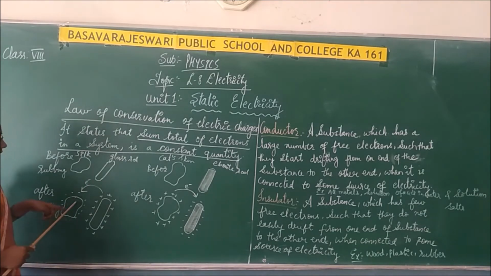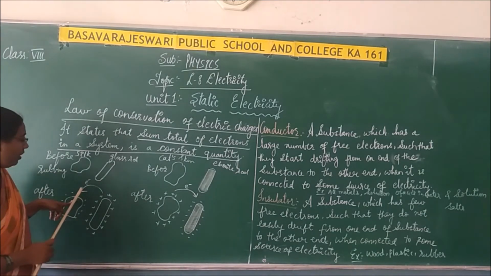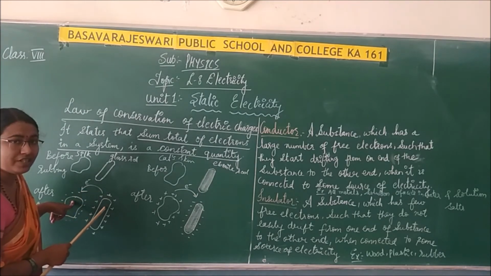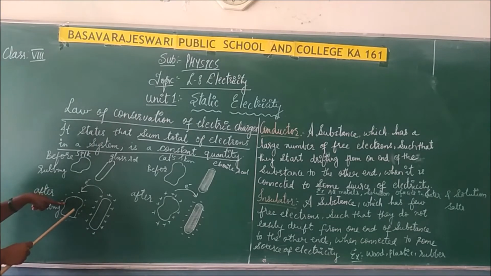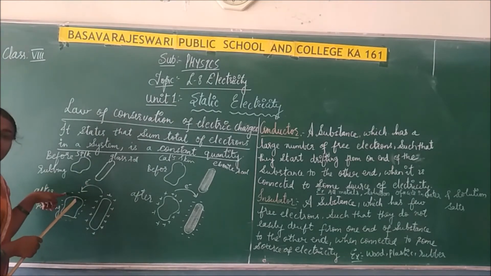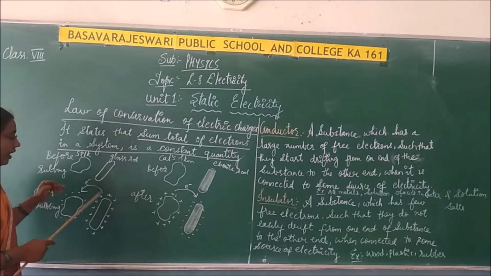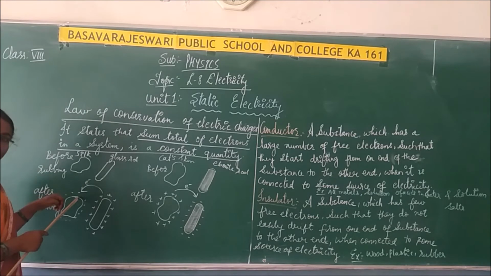Since it is gaining electrons, the glass rod becomes positively charged and the silk cloth becomes negatively charged because it has more electrons. It already had electrons, and again from the glass rod it is receiving electrons.